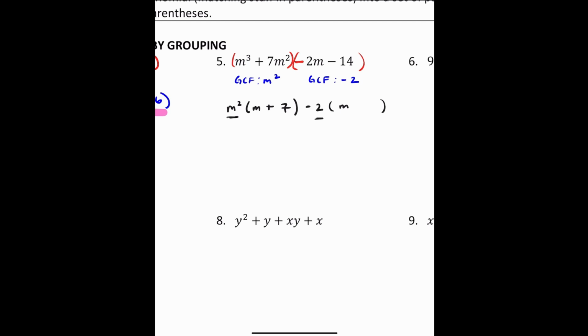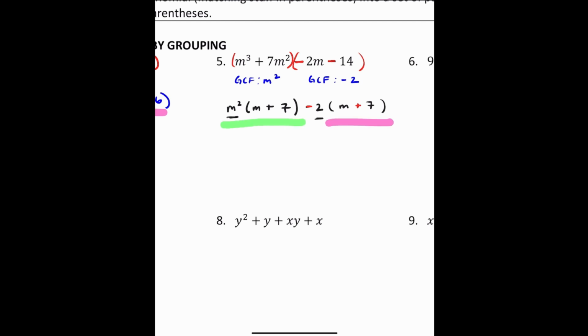Well, a negative times a positive gives you a negative. So -2 times +7 is -14. Okay?